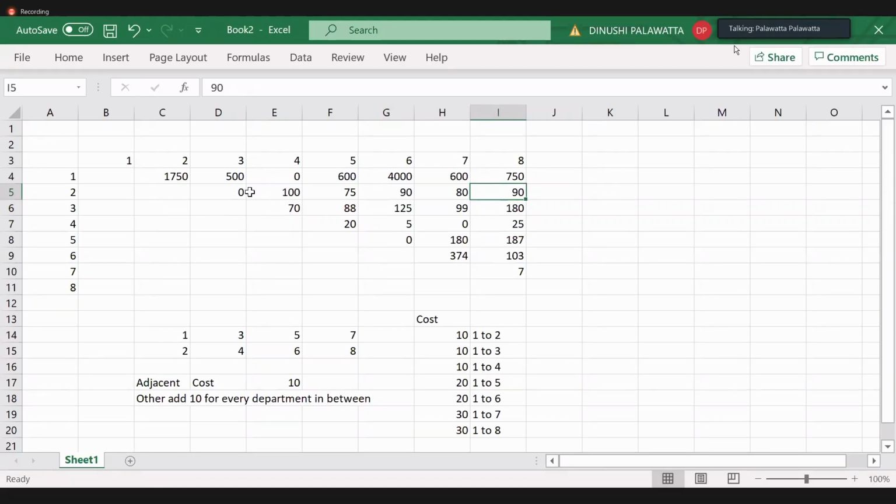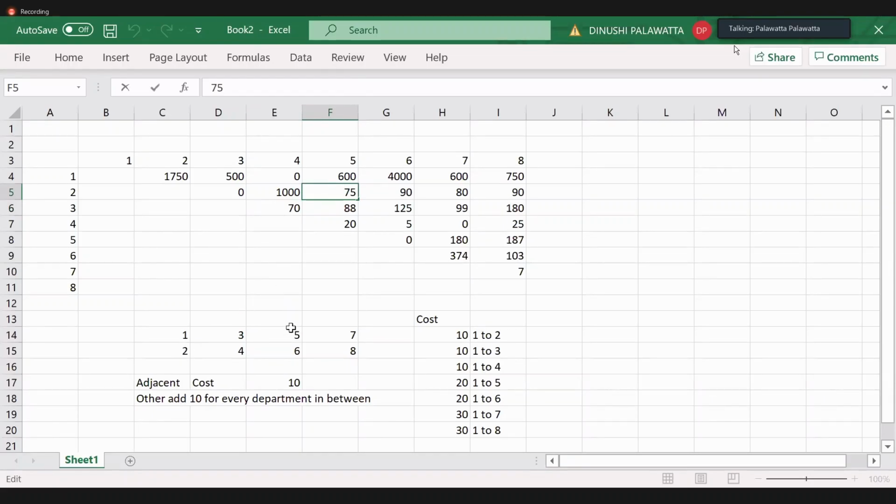So then 2 to 3, 0 multiplied by 10 is 0. And 2 to 4 is also 10 multiplied by 100.